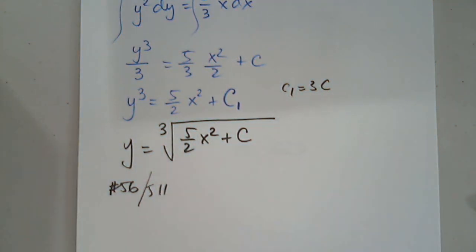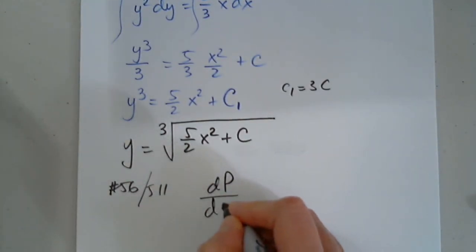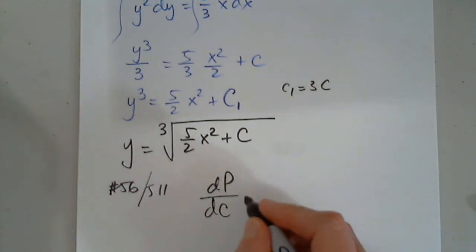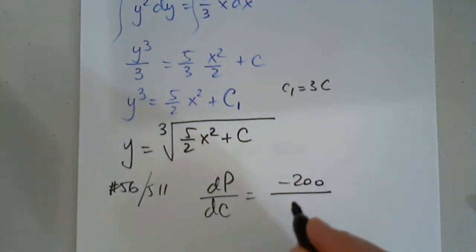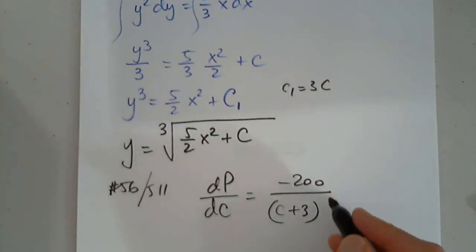Okay, so total profit from marginal profit. Hannah's company's marginal profit P as a function of its total cost is given by dP over dC equals negative 200 divided by C plus 3 raised to 3/2.